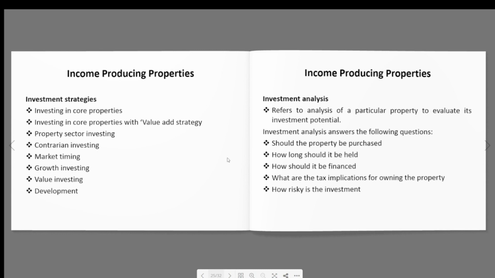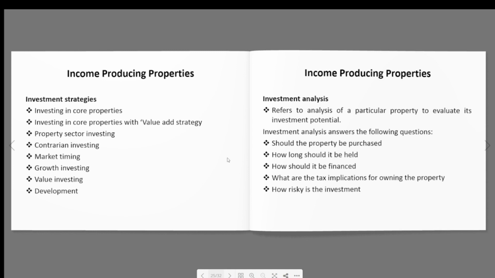Some of these core investment strategies include the following: investing in core properties, investing in core properties with value add strategy, property sector investing, contrarian investing, market timing, growth investing, value investing, or finally, development.